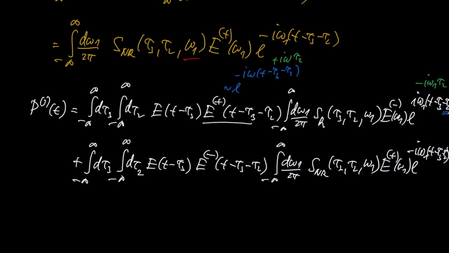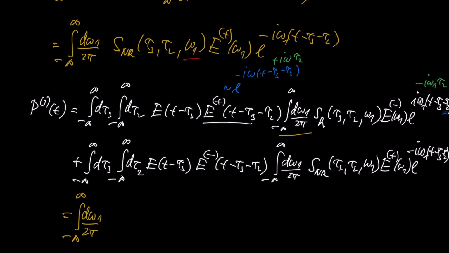Now, let's see what we got here. This equals, now we can already perform the integral over tau 2, because we have this leftover exponential which actually does not belong to the last integral. Well, it does, in fact, but we can take this integral over the omega 1 in front of everything.